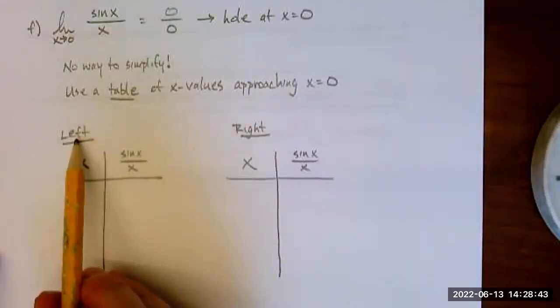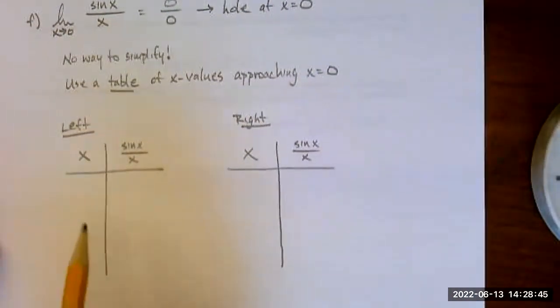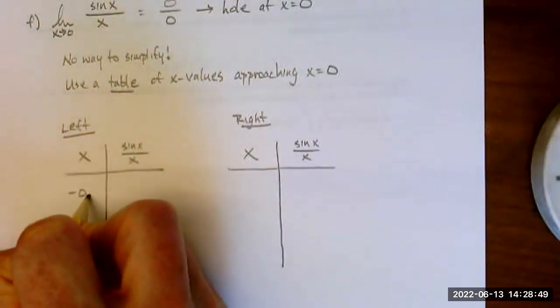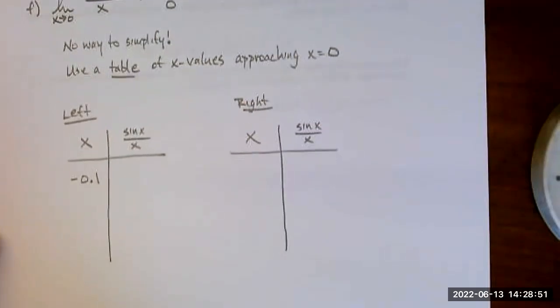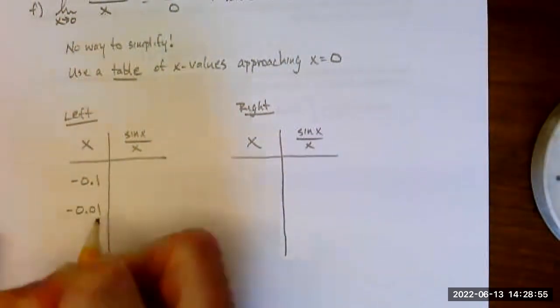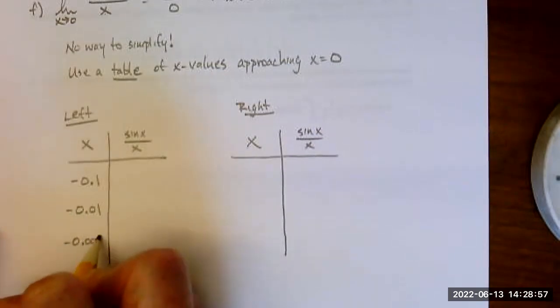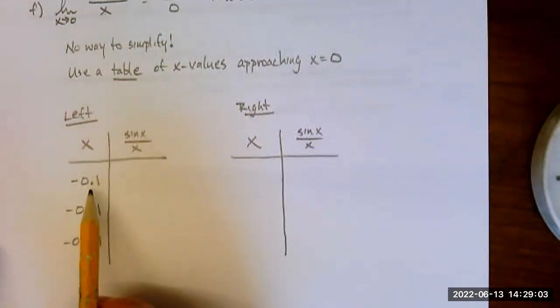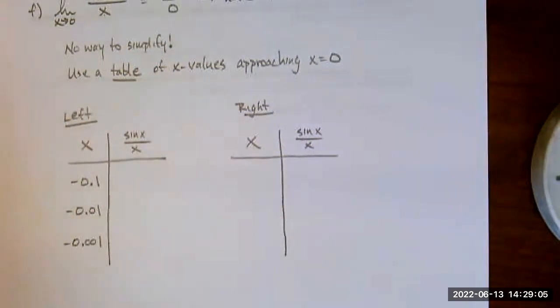If we approach 0 from the left, that means we're a little bit negative. So some good values would be negative 0.1, and then we get closer to 0. How about negative 0.01 and negative 0.001? So we start with x values just a little to the left of 0, then get closer to 0.